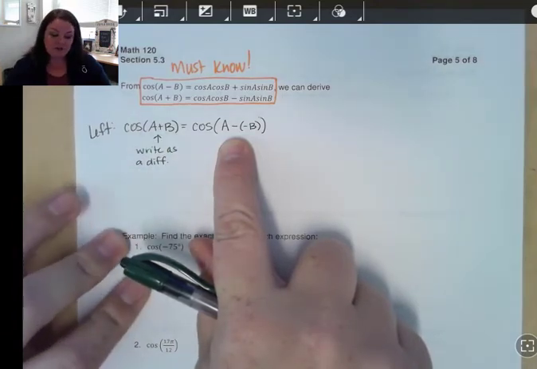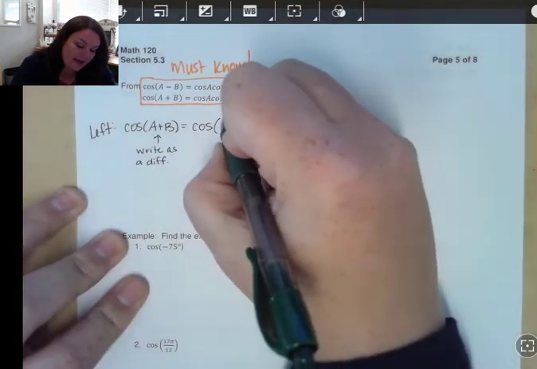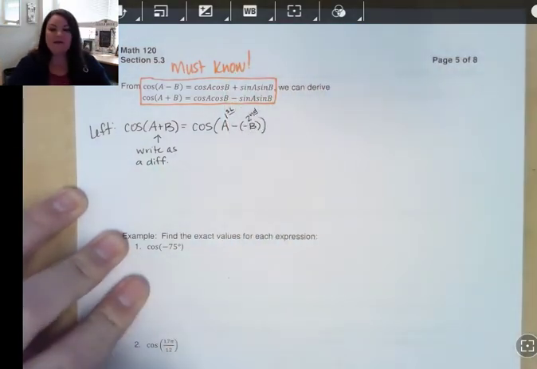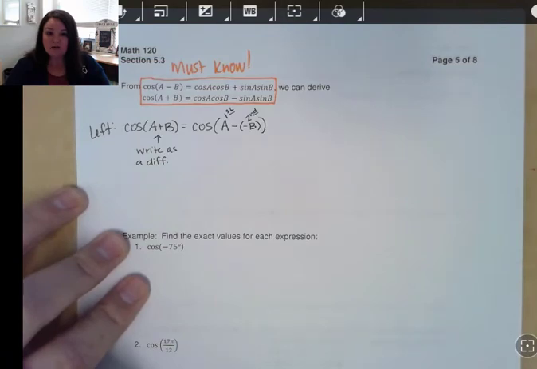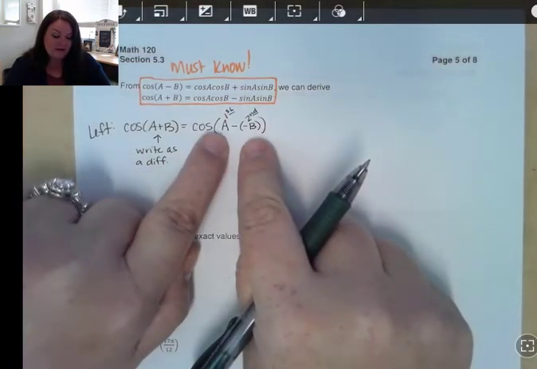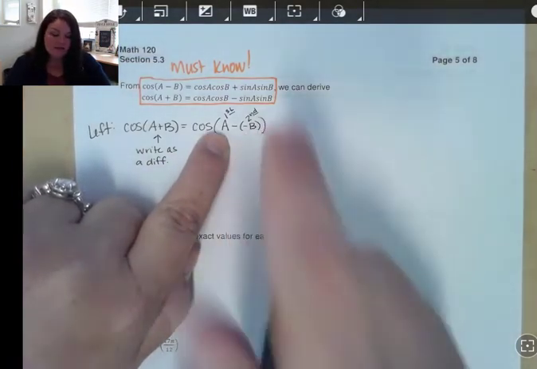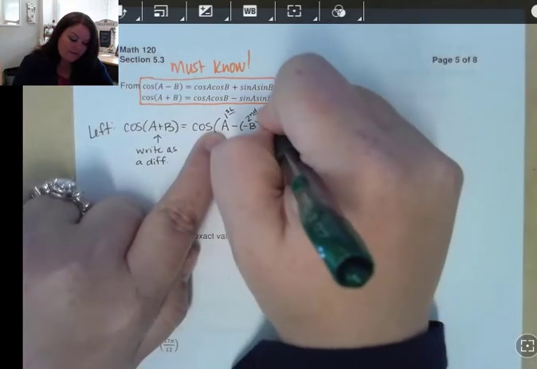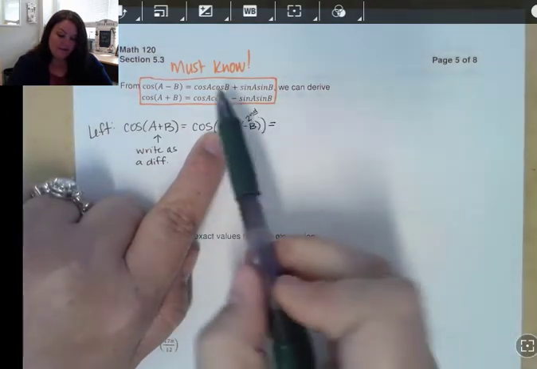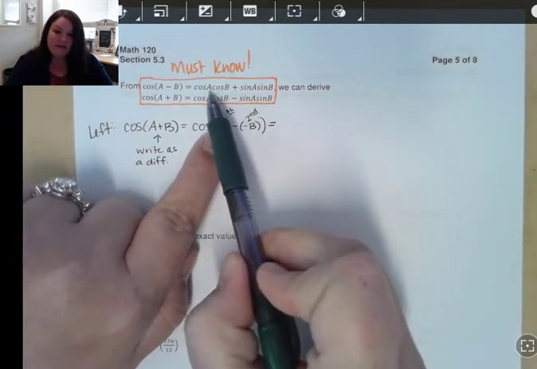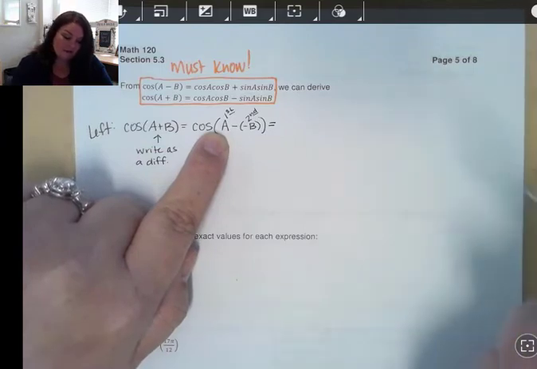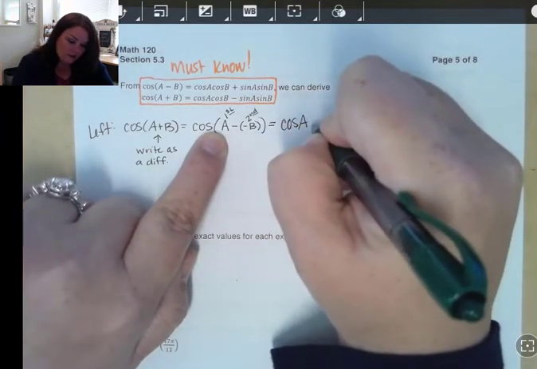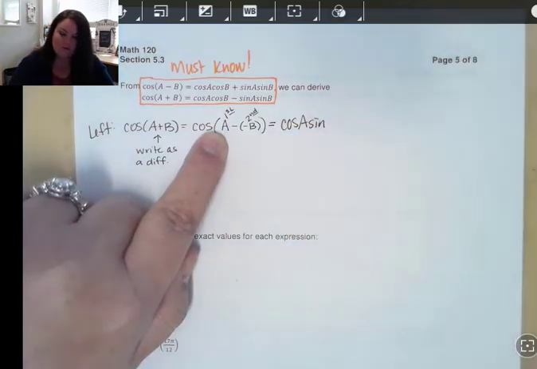So now I can consider A to be my first angle, and I can consider negative B to be my second angle. So I'm going to plug in A and negative B into my difference identity. My difference identity says that we do cosine of the first angle times cosine of the second angle. So that's going to give me cosine of A times cosine, oops, I wrote sine.